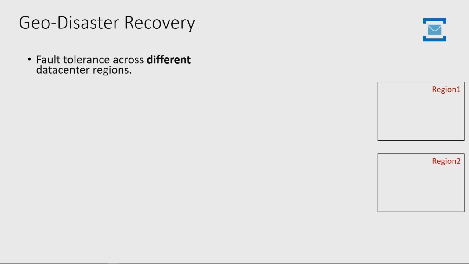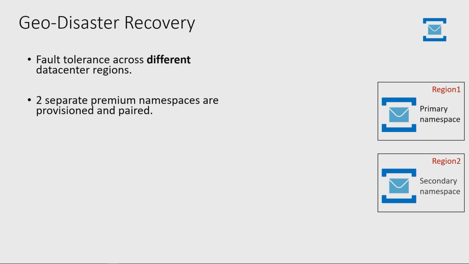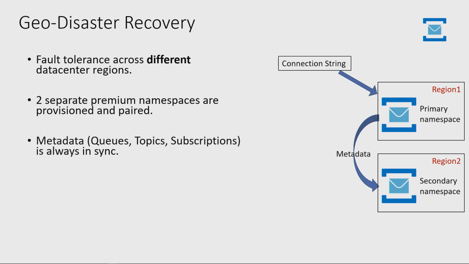You go to 2 different regions and create 2 different premium namespaces, and then you pair them together. Once paired, we ensure that all of your metadata, so your queues, topics, subscriptions, rules, filters, etc., are always in sync. Any CRUD on your queues, topics, subscriptions will be synchronously copied over to your secondary as well.